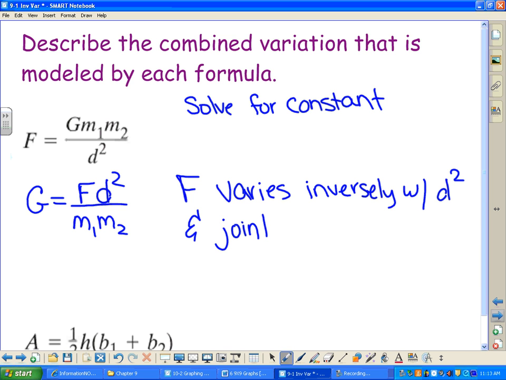Jointly means directly with the product of, and jointly with m1 and m2. You see how we just went backwards? But you want to have that constant by itself first. Nope, you could have done the jointly first and then the inversely. Yep, doesn't matter. Okay? I think you should be able to tell. Okay? If you don't, then you might want to ask.